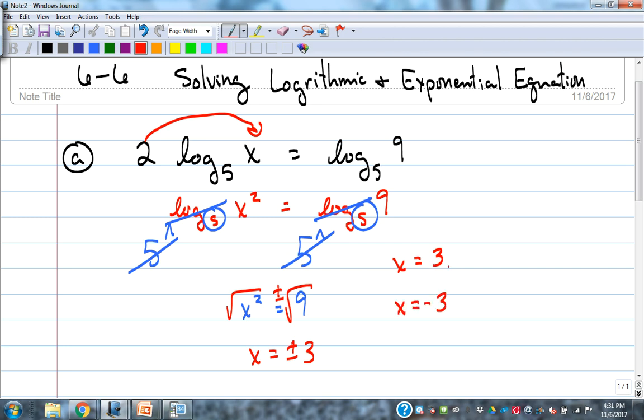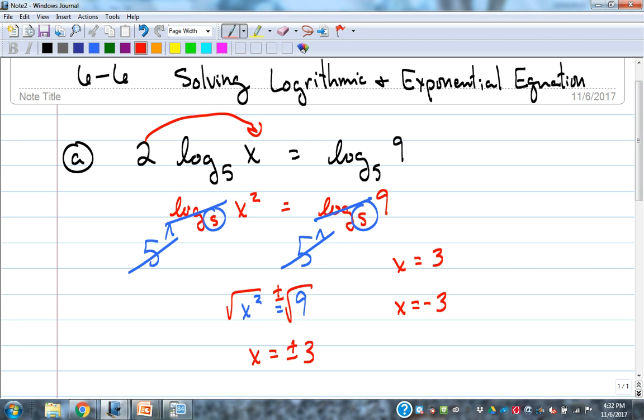Now, anytime we get more than one answer, or anytime we get any answer on this stuff, we need to check those inside the original problem. What's the only kind of number we cannot take the log of? Talked about this a little bit last week. It has to do with the domain of a logarithmic function.